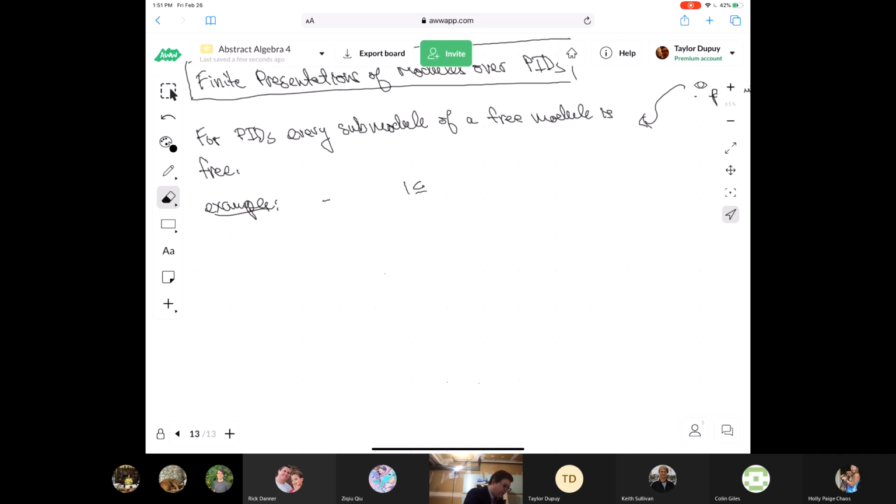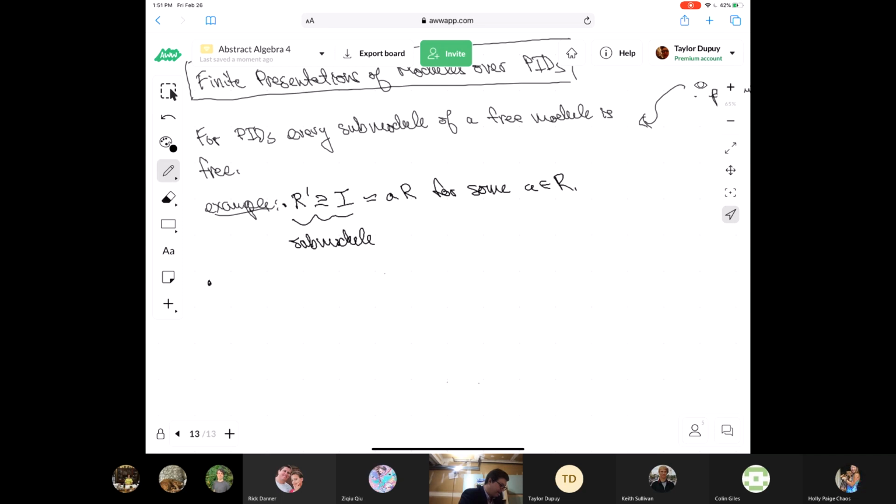What's a submodule of R to the 1? By this being a PID, this looks like A times R for some A in R, right? It's principal.